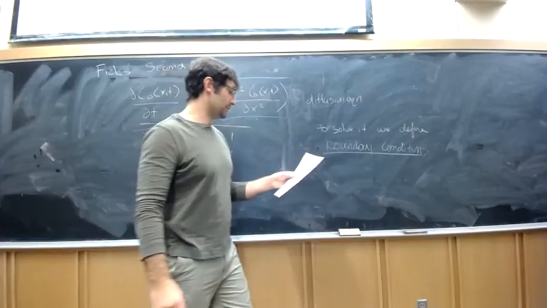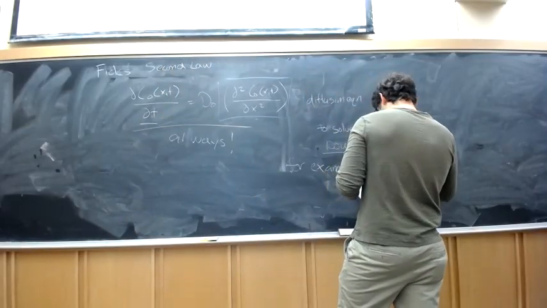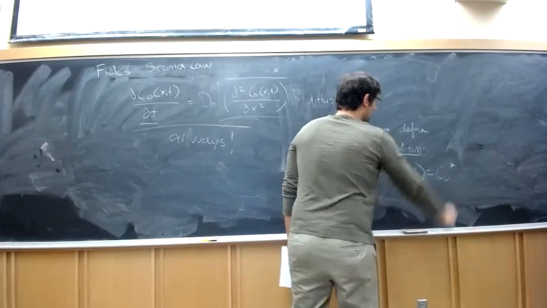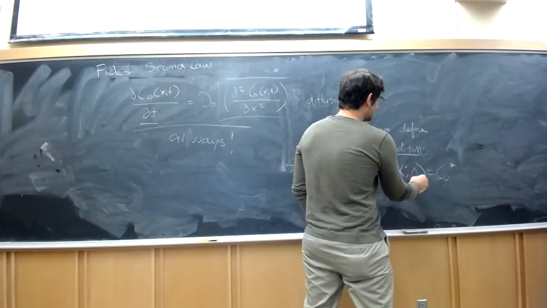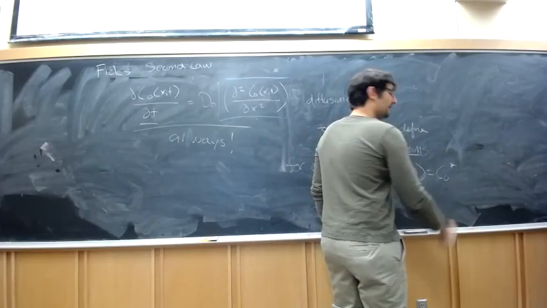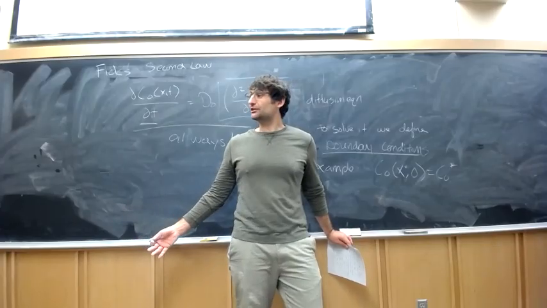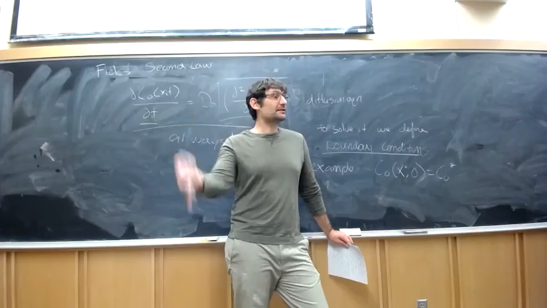So what's an example? I might say C_O(x,0) equals C_O star. What this is saying is that for all x at time equals 0, you have the bulk concentration, right? That's a reasonable boundary condition, because before I pass any current, you just have to assume that the system is well mixed.